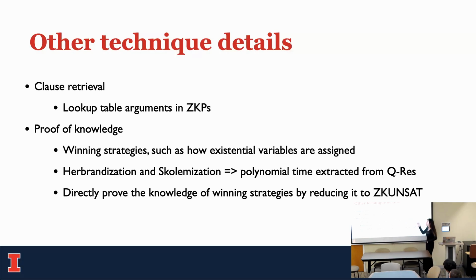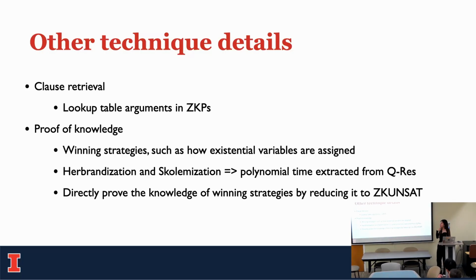So in our work, we also propose a way to enable the prover to show they know some certain winning strategy that makes the formula evaluate to true or false. So that's another part of the high level idea: we can encode this winning strategy in automated reasoning. They call it hybridization or skolemization.